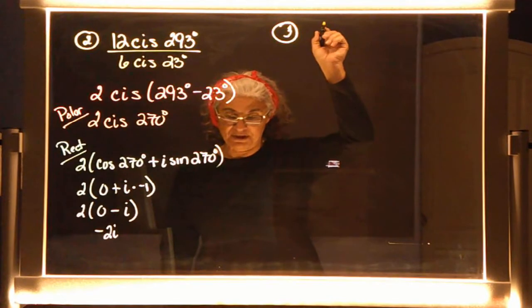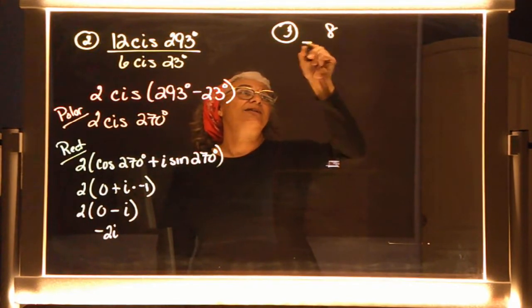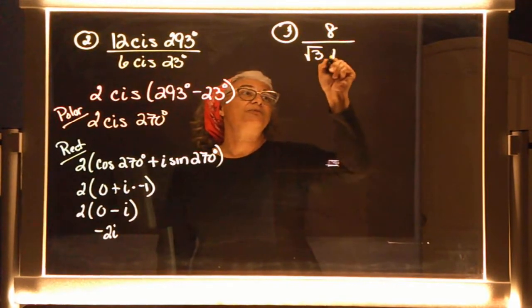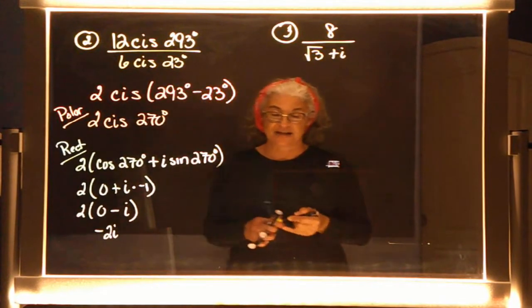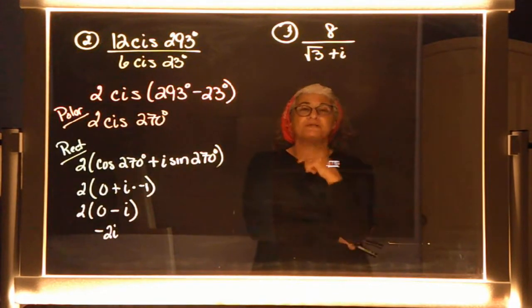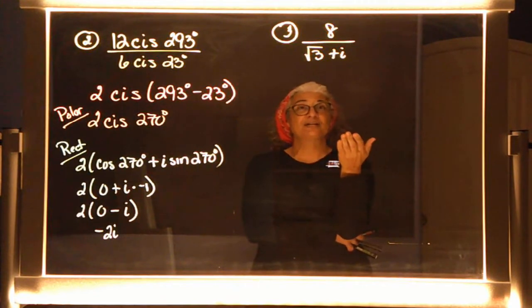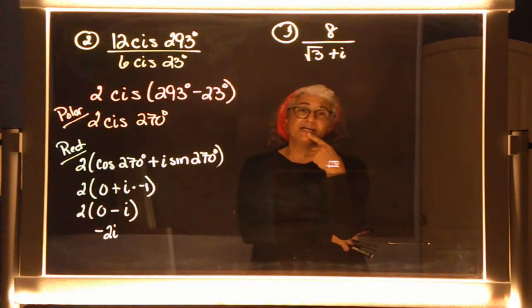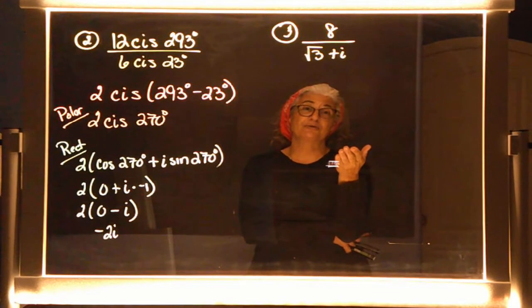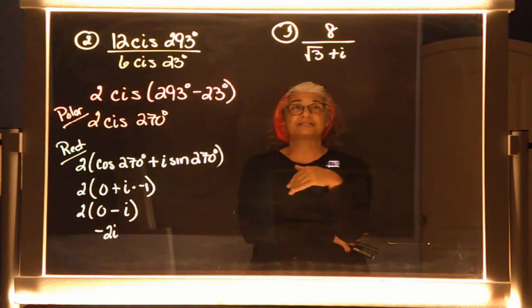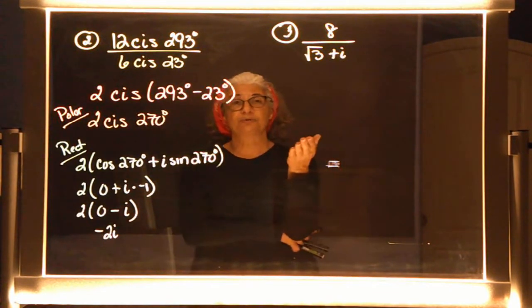And that would be 8 over square root of 3 plus i. Now, they want me to do this division. This doesn't seem so obvious to do, does it? Because these are in rectangular form, and in order for us to figure them out correctly, we need to get them out of rectangular form and put them in polar form.